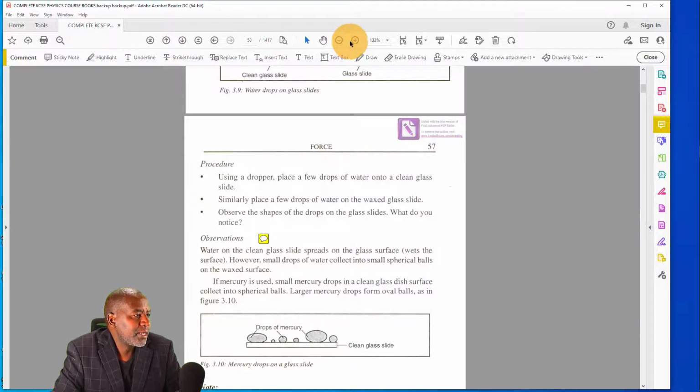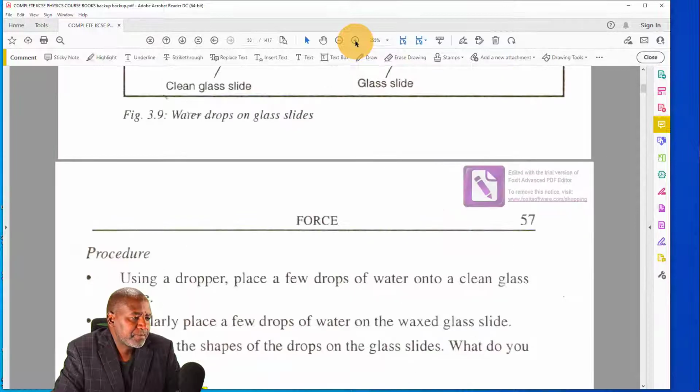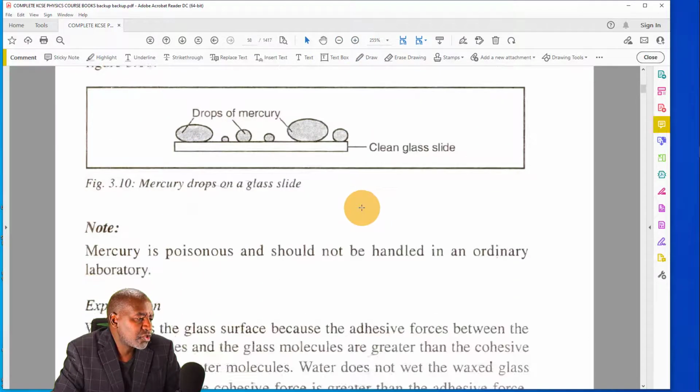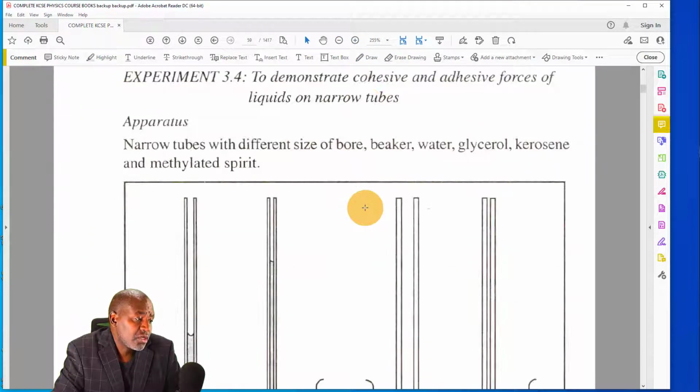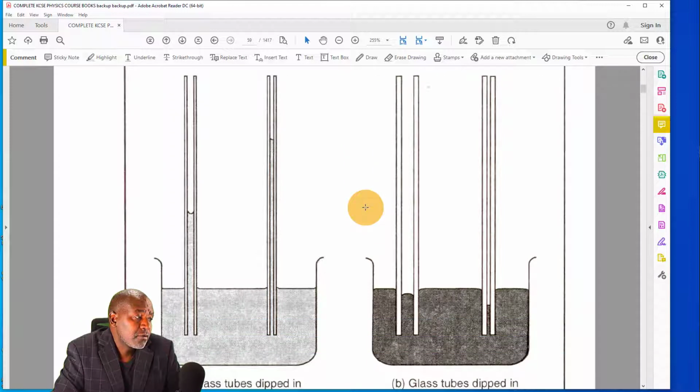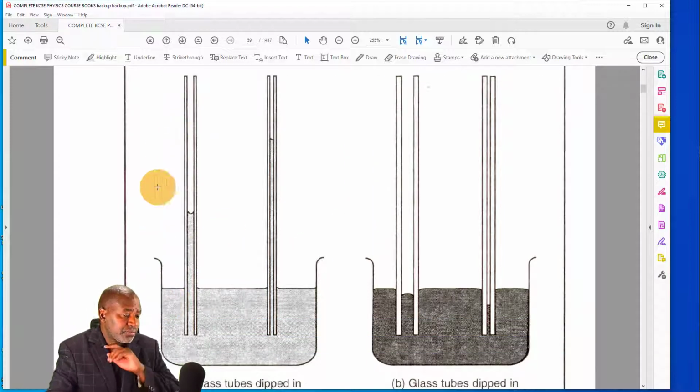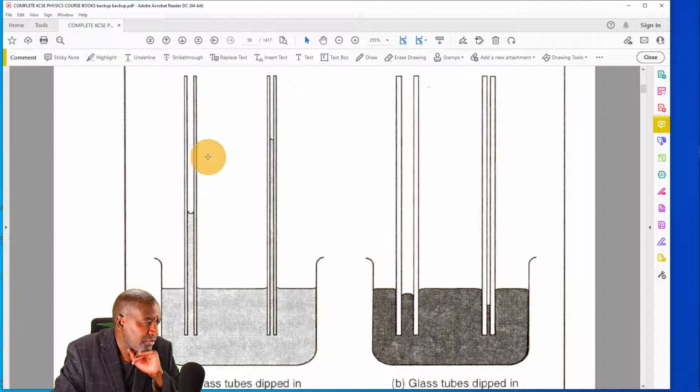So let me again zoom in, because I was looking at these two tubes. There is a wider tube and a thin tube. Look at the surface of water in this tube.